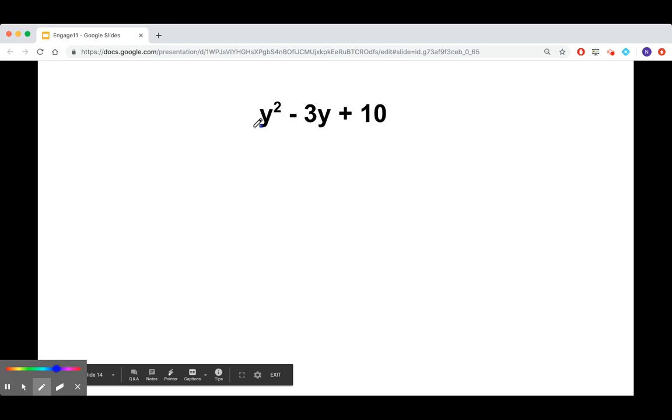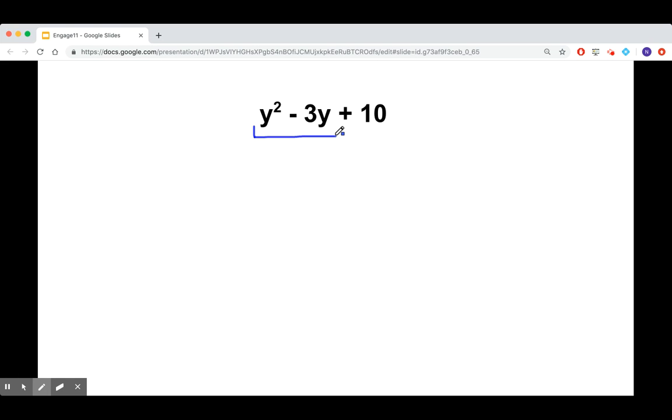So if I have y squared minus 3y, I know that the first term in my binomial will be a y, and I need to think about what numbers add up to negative 3.